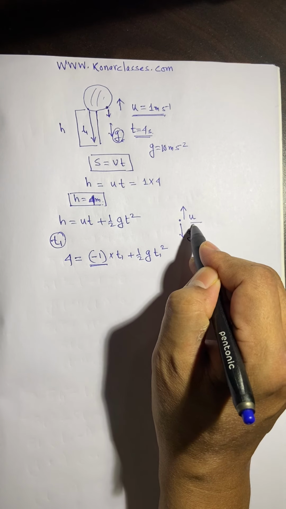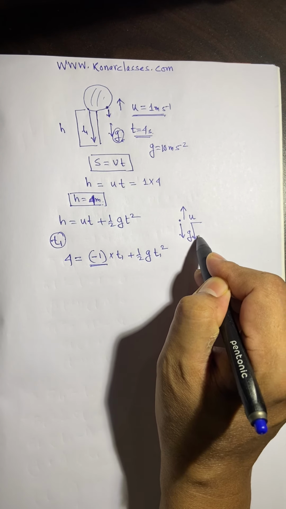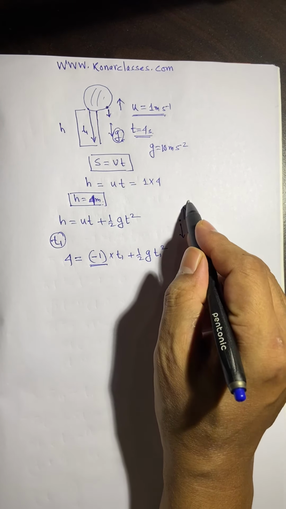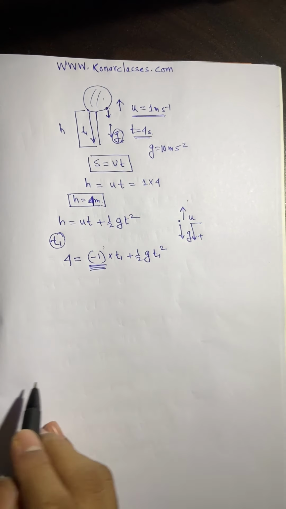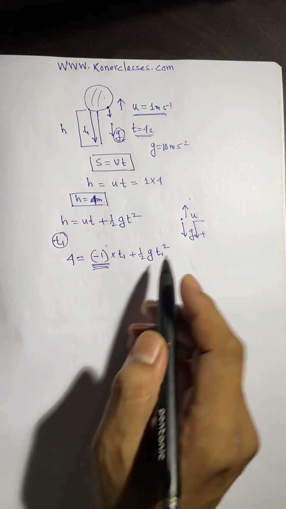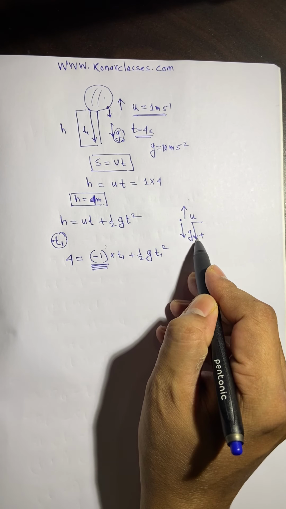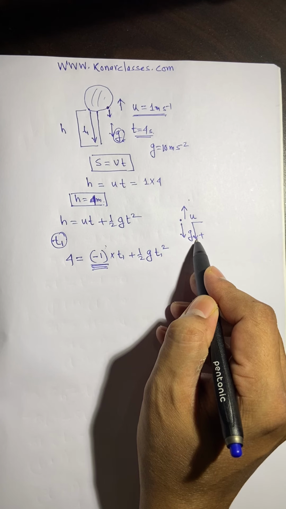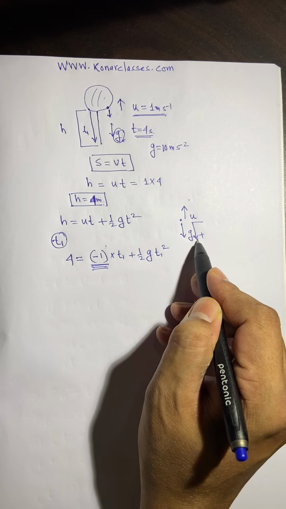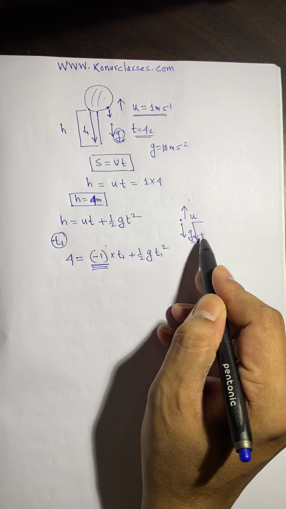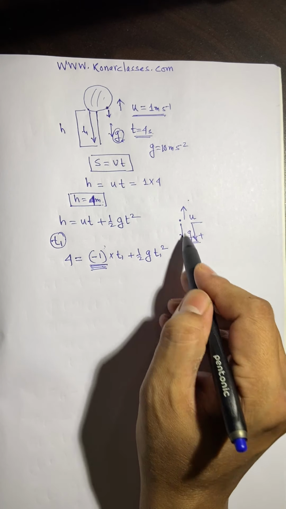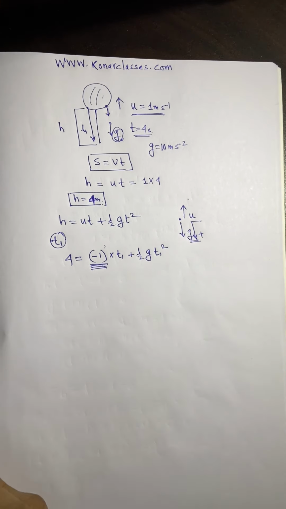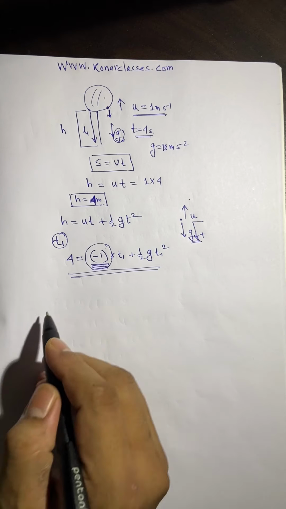If we consider the axis like this, downward is the positive axis, so upward will be the negative axis, and therefore the value of u will be in the negative direction, as we are considering the acceleration in the downward, positive direction. So downward we are considering positive, therefore u will have a negative sign as it is opposite to the gravitational acceleration. This is the important point that you need to note.